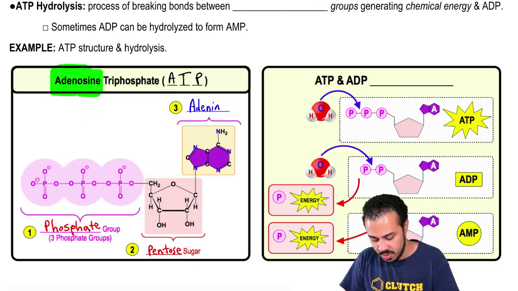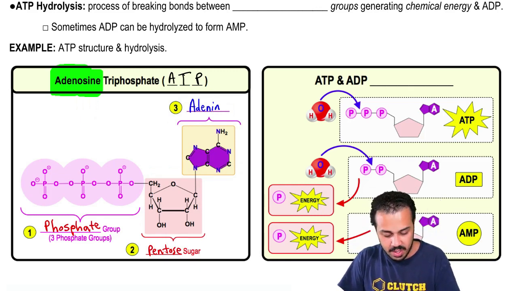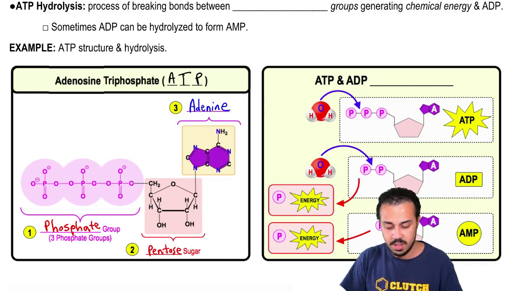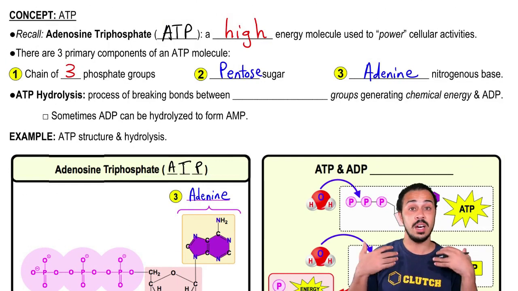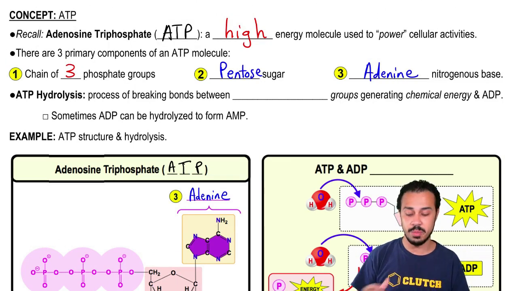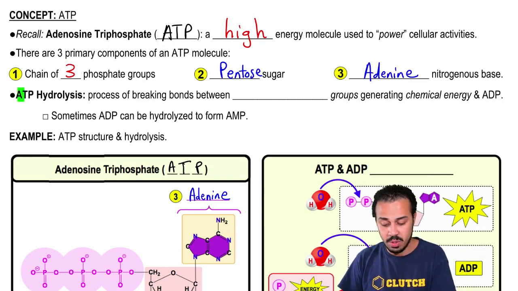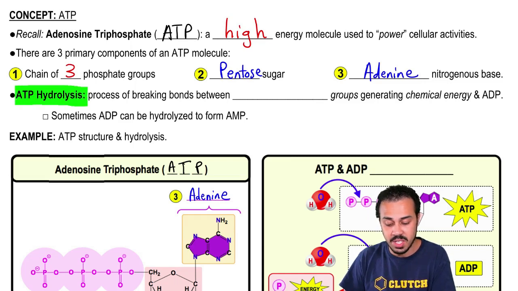Now, what's also important to note is that ATP is a high energy molecule, but the way that cells extract the energy from ATP is through a process called ATP hydrolysis.